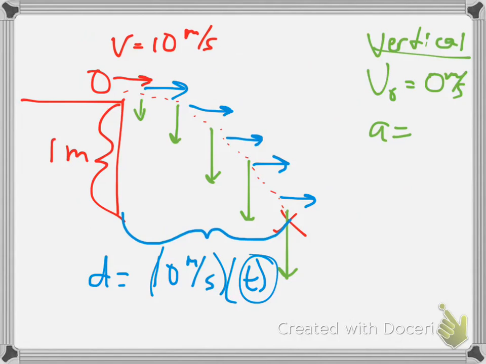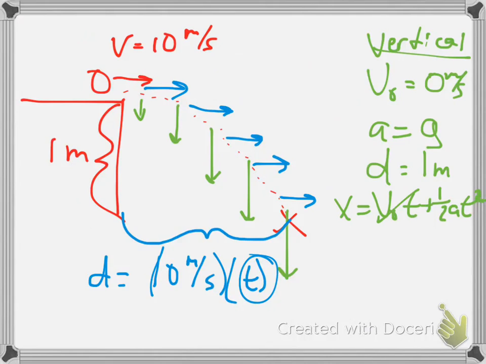We know that the acceleration is that negative 9.8, it's g, and we know that it falls a distance of 1 meter. So we could use x is equal to v0 t plus 1/2 a t squared to work this out. We know this first term goes away because the initial velocity is 0.